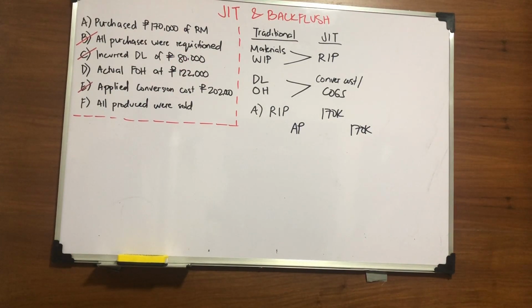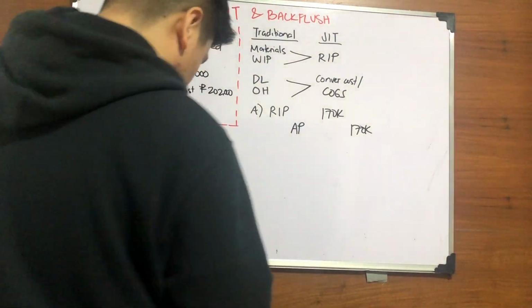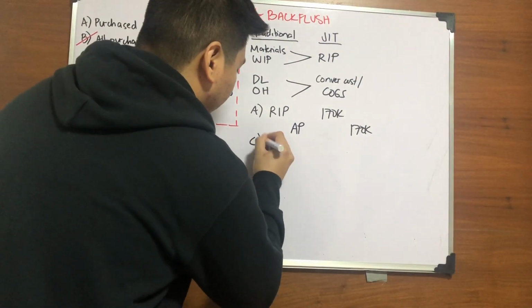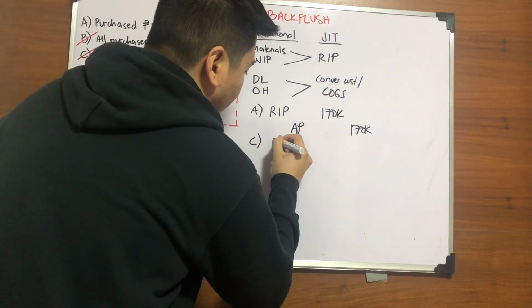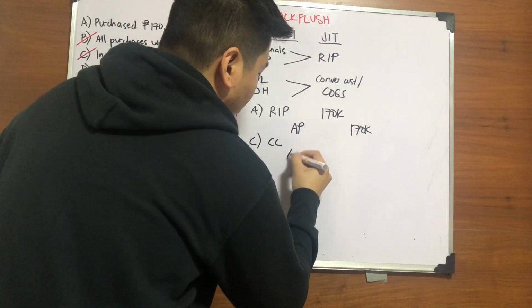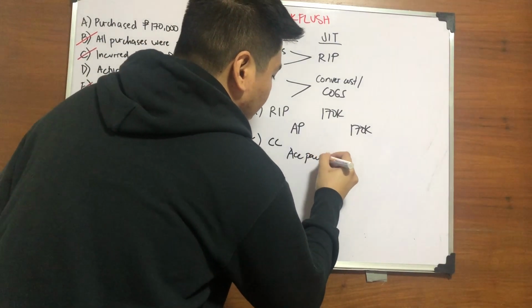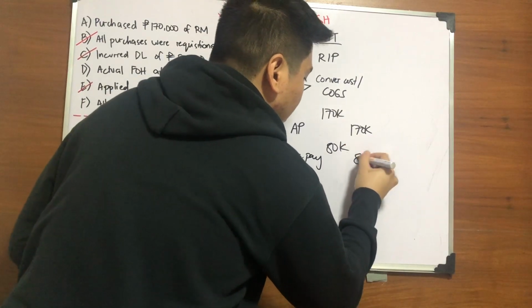Before, under traditional costing, you would debit WIP and credit accrued payroll. But for this, instead of recognizing it in the WIP account, you will now recognize it under conversion cost, with accrued payable amounting to 80K.